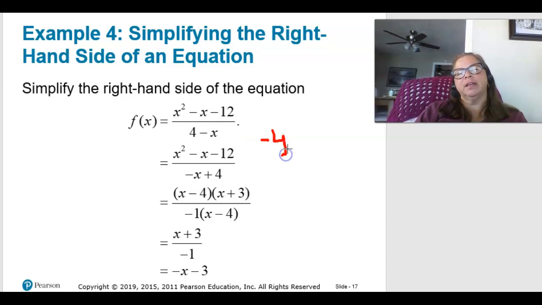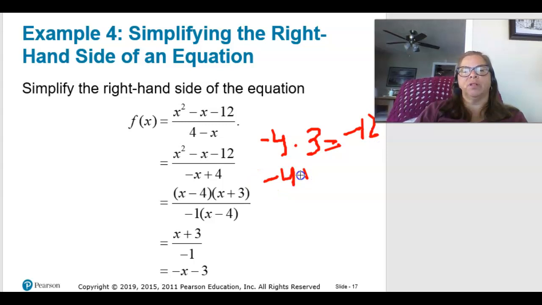If we look at a negative 4 times a positive 3, when we multiply those two, we do get the negative 12. When we add them, negative 4 plus 3, we get a negative 1. So we know that we have found the correct pair. So we have x minus 4 and x plus 3.